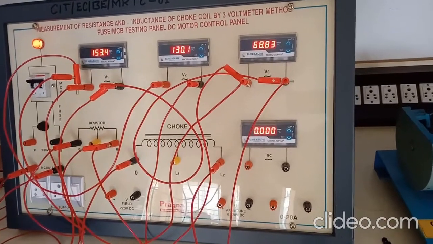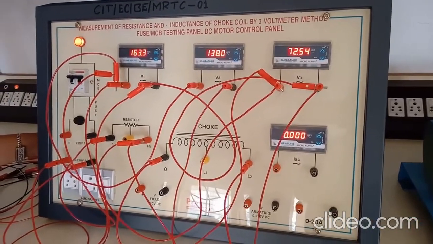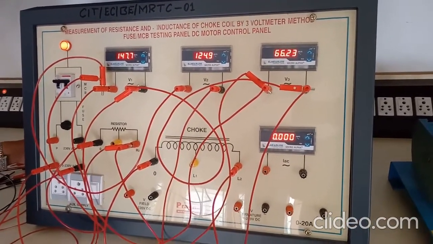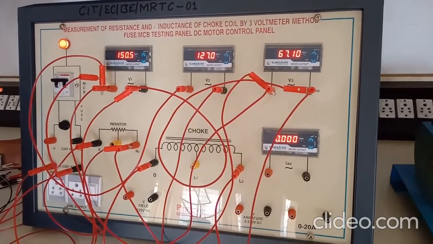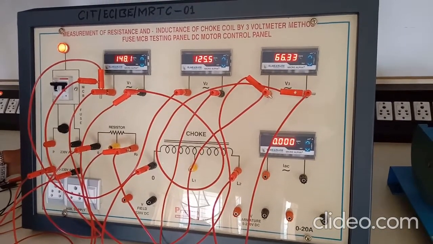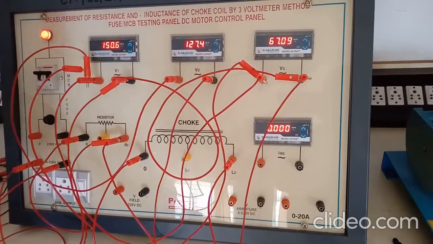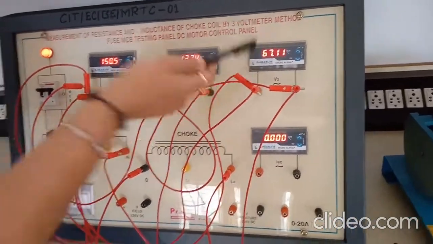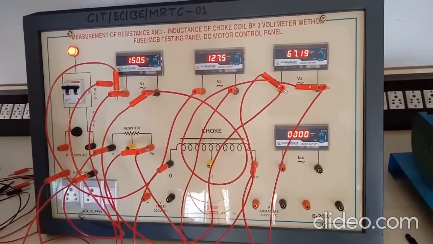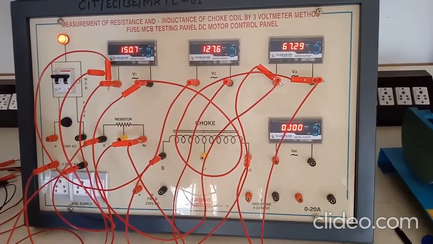Now it is for 150. VR is 127.4 and V choke is 67.15. These steps can be repeated for other readings also, that is 200, 250, 300.